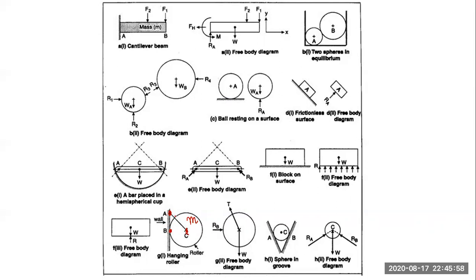Now, the concept is that since we are assuming it as a particle mass, instead of a mass body, we can assume a single point M through which the weight mg will pass, and through which the reaction force by the wall on the wheel will pass.